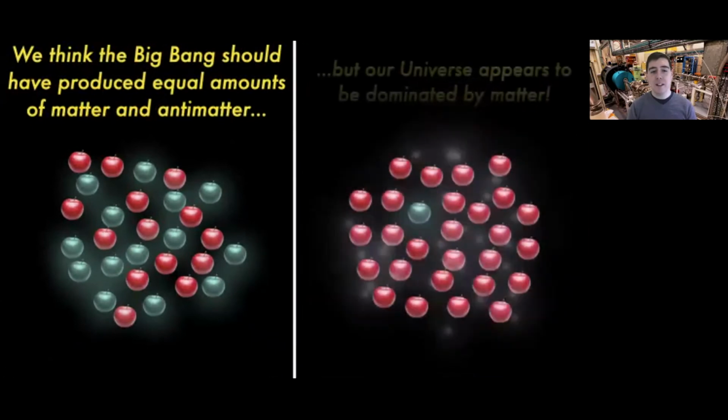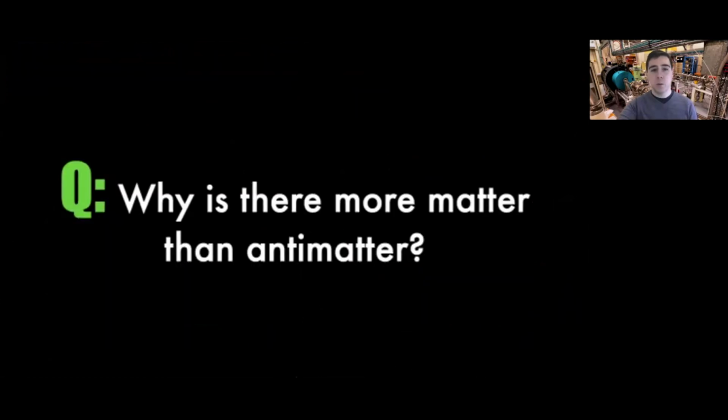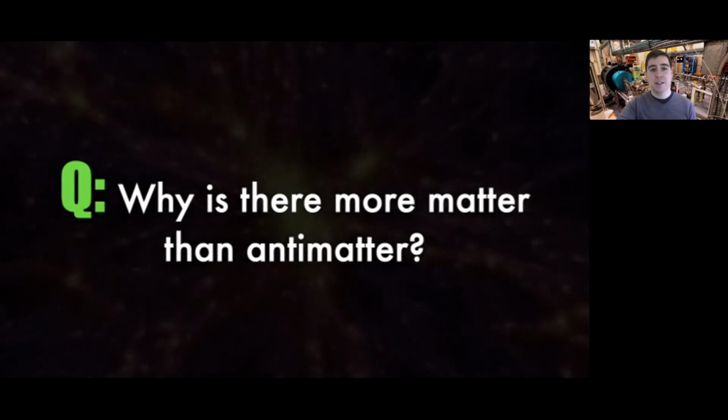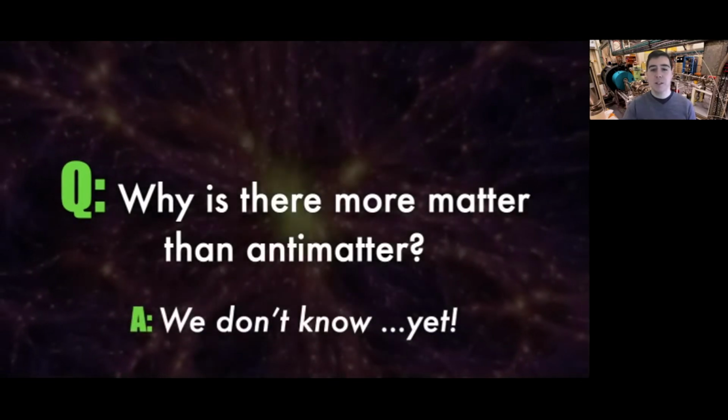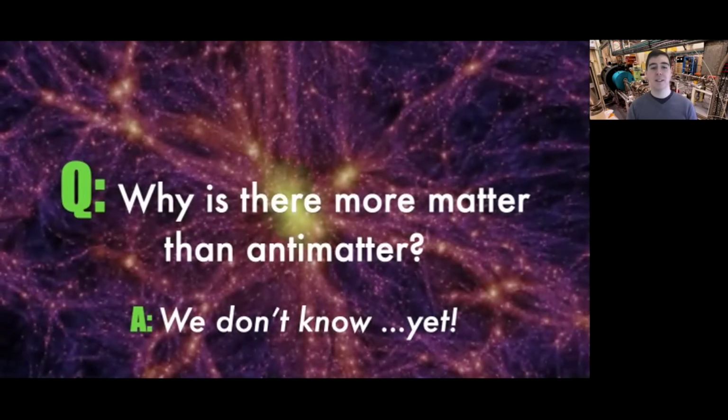The regular matter we are familiar with seems to dominate wherever we look. So why is there more matter than antimatter? Now I'm going to skip to the answer on this one because we don't really know. This is one of the biggest questions in physics, and almost everything that particle physicists do is related to answering this question.